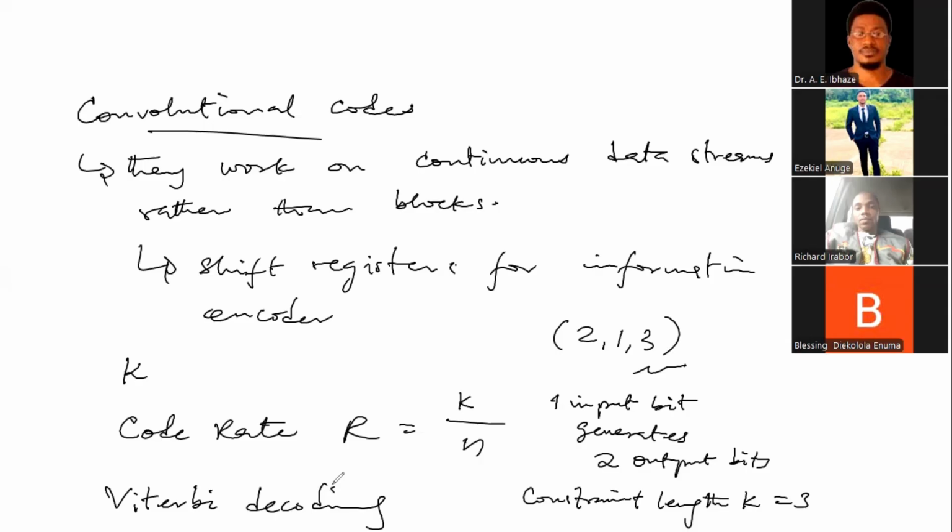And the Viterbi decoding algorithm is actually a dynamic programming technique for decoding convolutional codes. The algorithm finds the most likely, that's why it's called a maximum likelihood decoding scheme. It finds the most likely transmitted sequence using the trellis structure, okay?